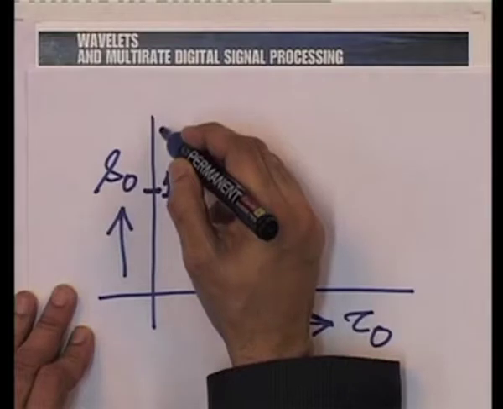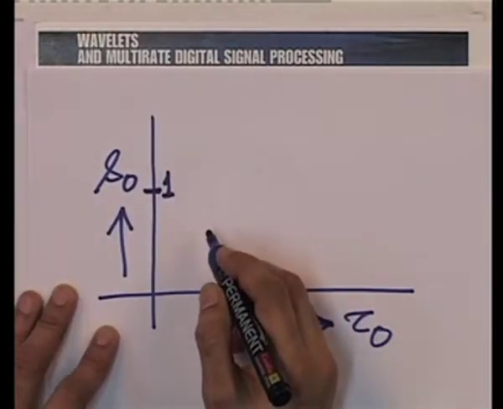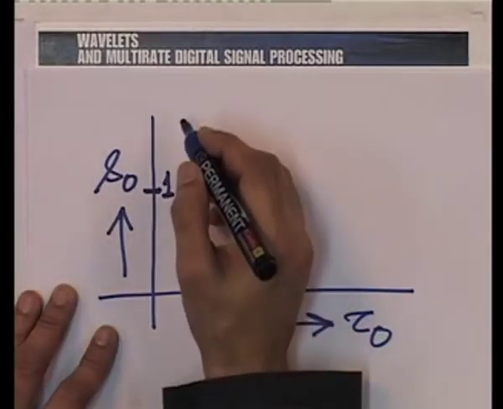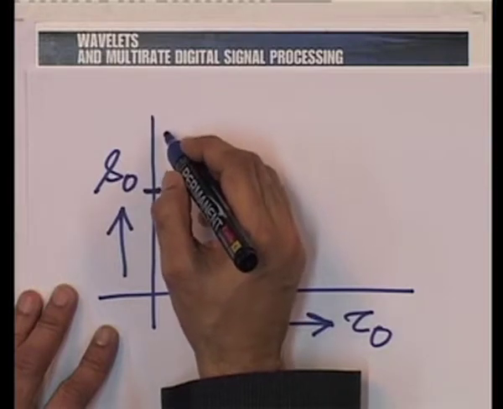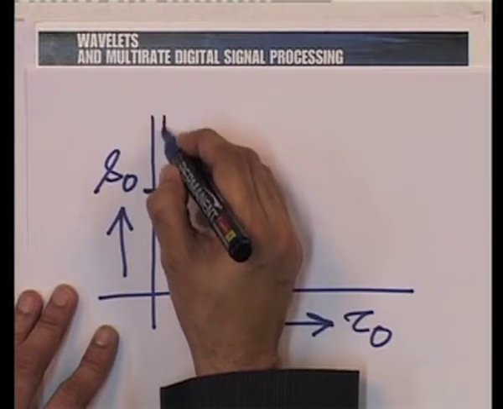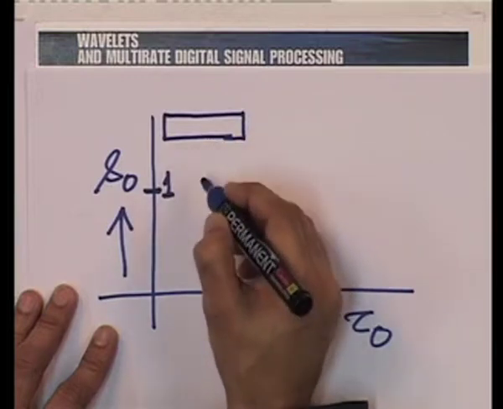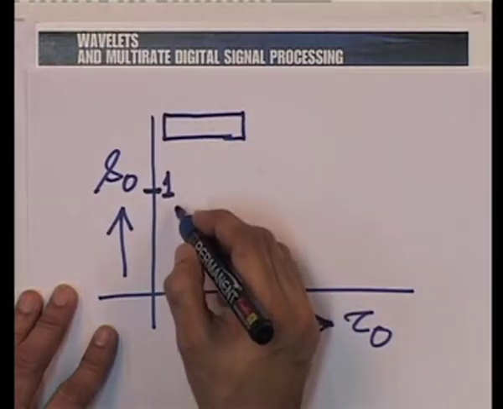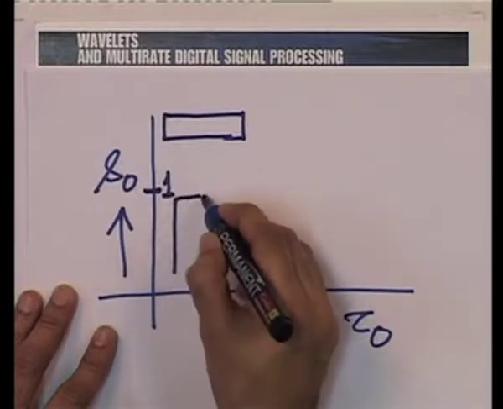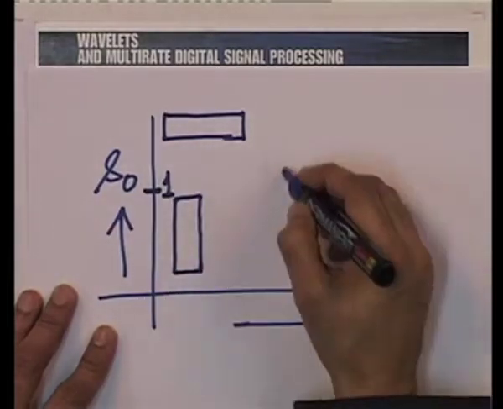When S naught is greater than 1, there is a contraction in frequency and expansion in time. In the time frequency plane, for S naught greater than 1, we contract in frequency but expand correspondingly in time, keeping the area the same. And when S naught is less than 1, we expand in frequency but contract in time, keeping the area the same. So, this is the kind of tiling that we have.